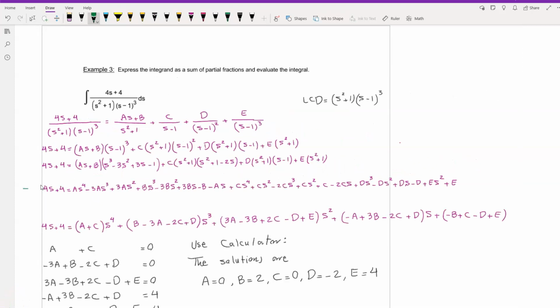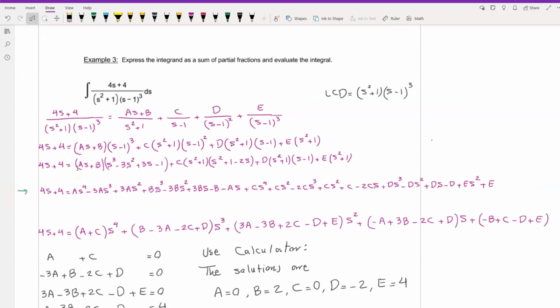So next step, expand the polynomial. So what we have on the right side, I multiplied all these, and then I combined like terms.